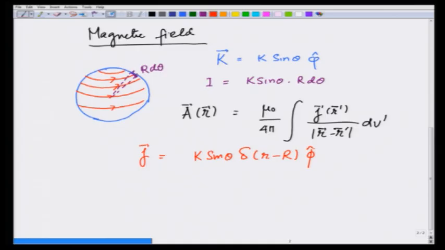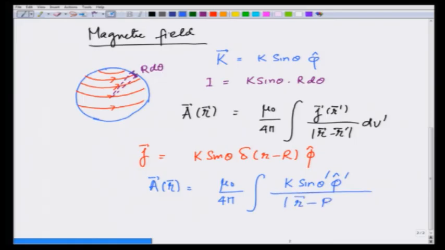And therefore, I will quickly change this integral to a surface integral and write A(r) equals mu naught over 4 pi integral K sin theta prime in the phi prime direction, divided by |r minus r prime| dS prime, where r prime denotes the vector on the surface.